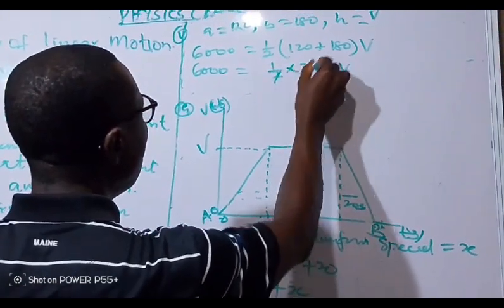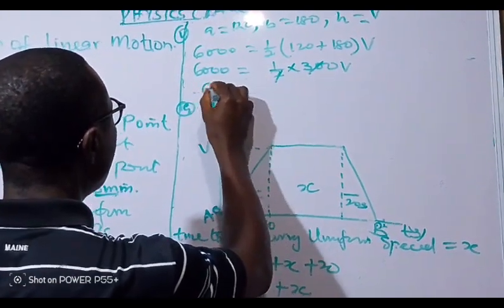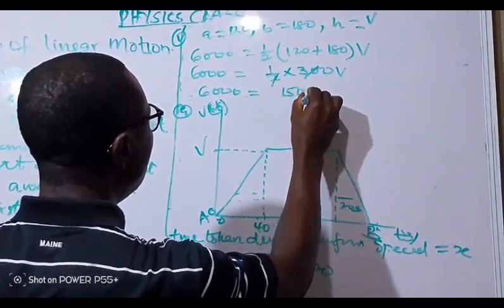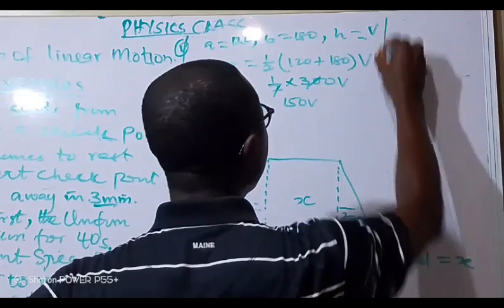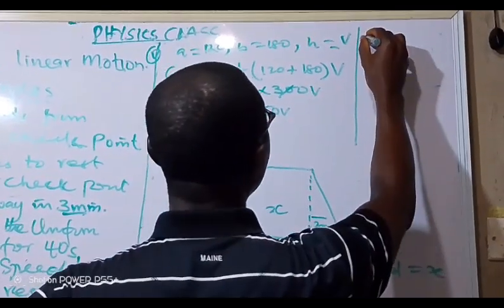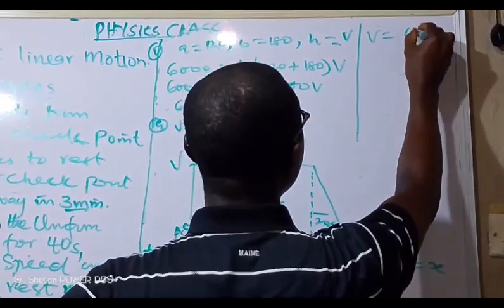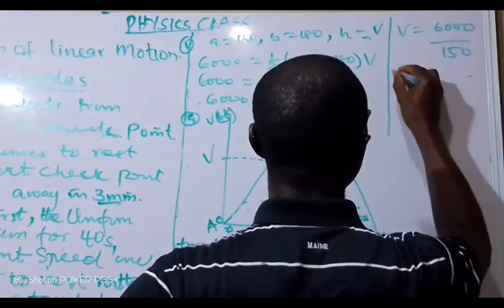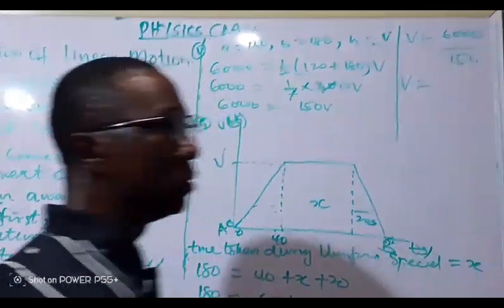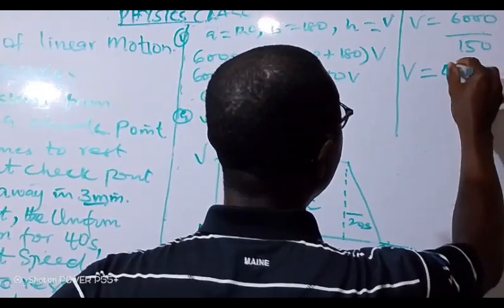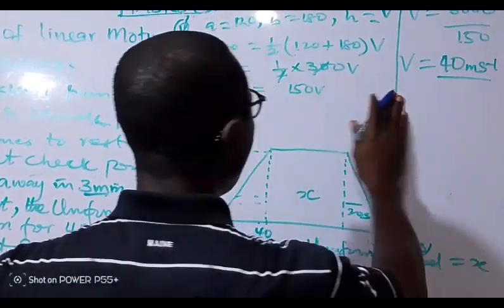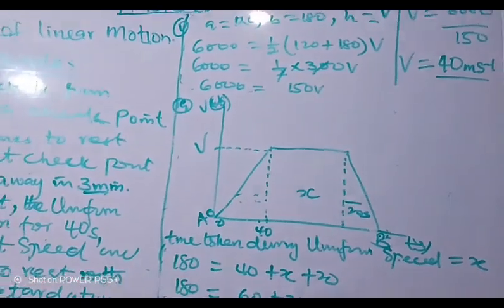This gives us 6,000 is equal to 150 v. So without wasting our time, v is equal to 6,000 divided by 150. v will be equal to 40 meters per second. That is the maximum speed.